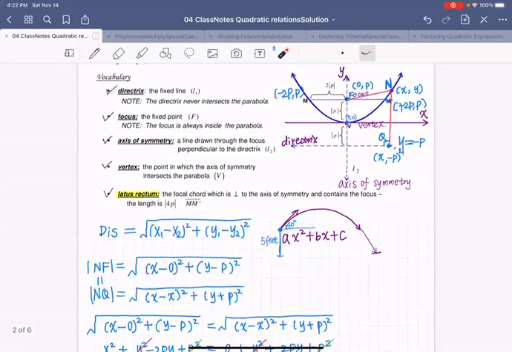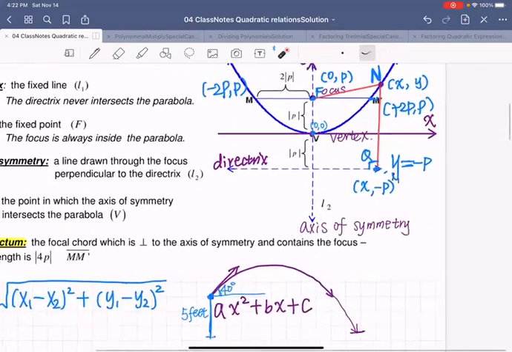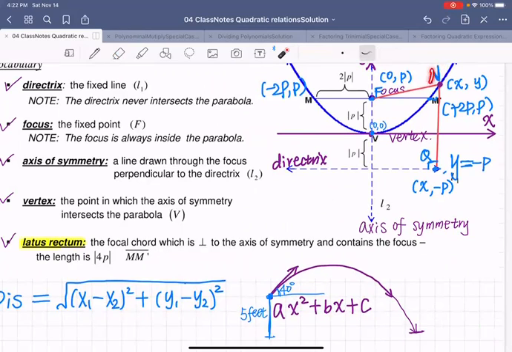Now, based on this, I want you to write down from here to here. N, I don't know what N is, so I put it as (x, y). F is already marked here, and this distance is p, so I write down (0, p).